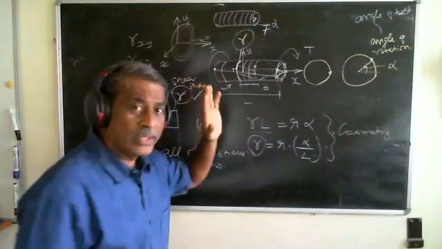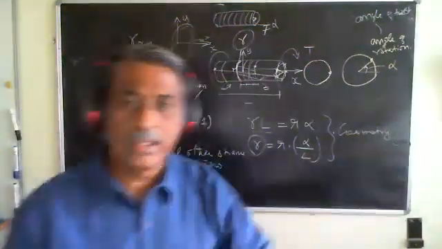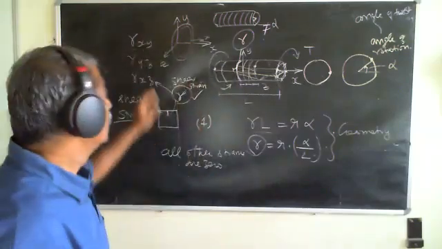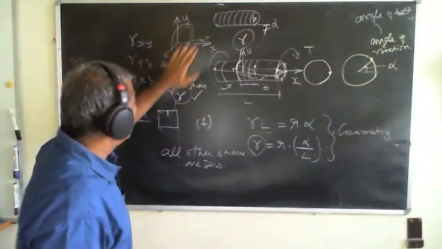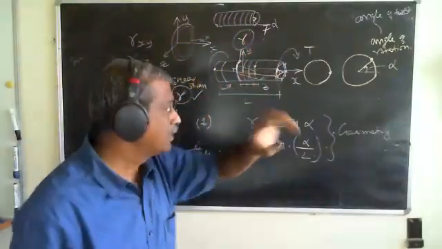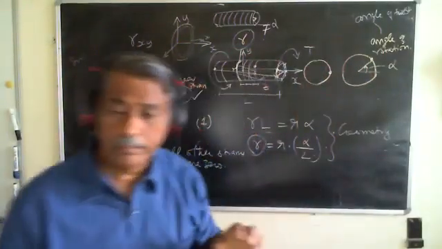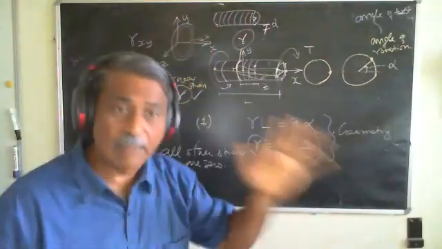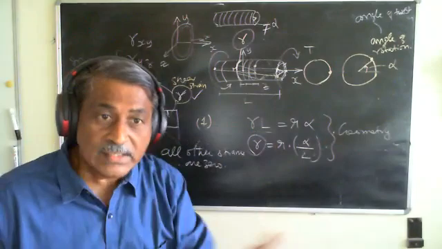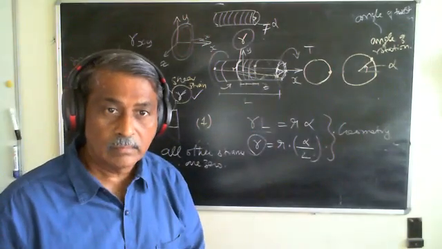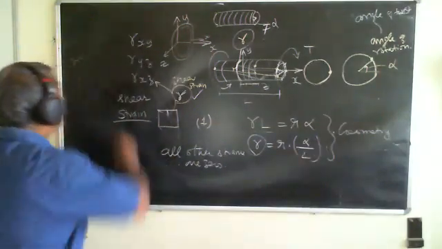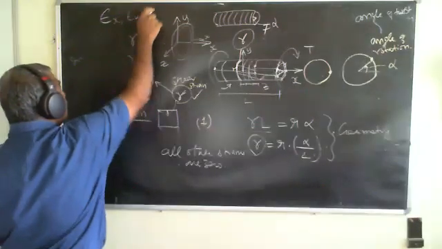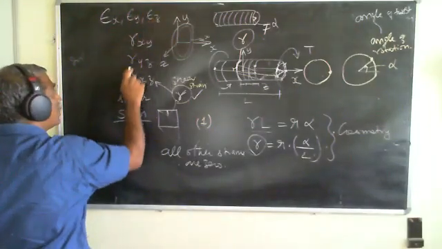So the question that I'm asking, you can answer me so that the class understands. If this is rotating only as a rigid body, I know that there is no strain occurring in that plane. What strains am I looking at? I have epsilon x, epsilon y, epsilon z, gamma xy, gamma yz, gamma zx.